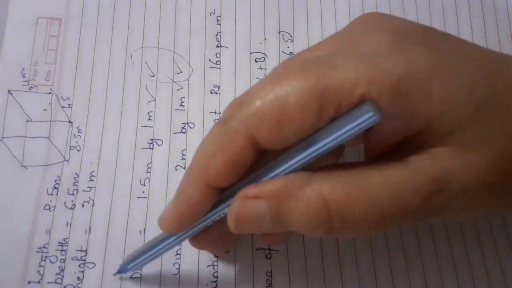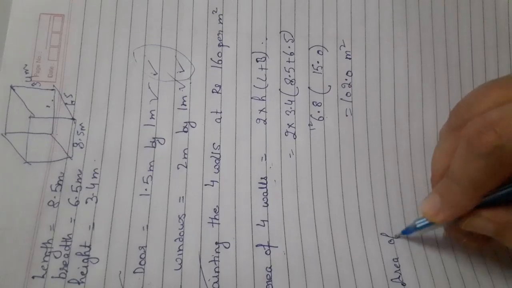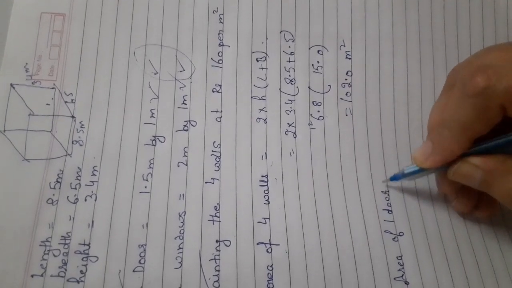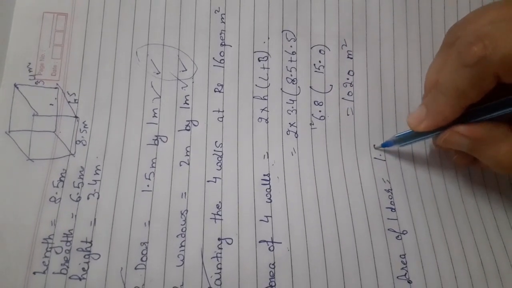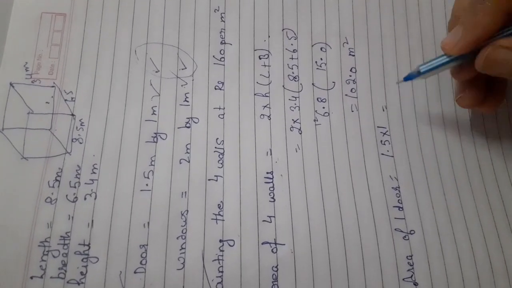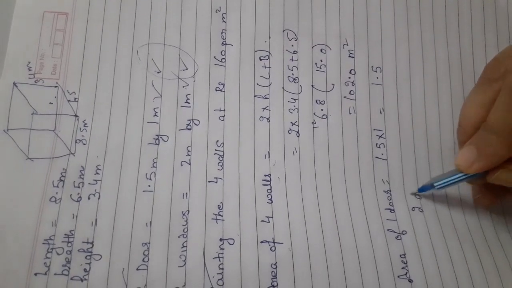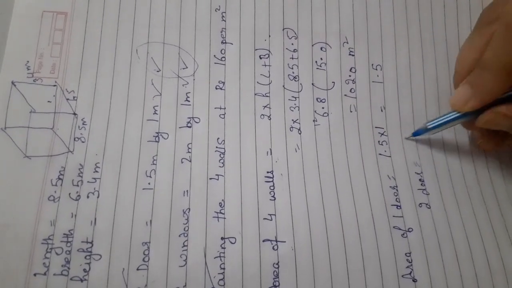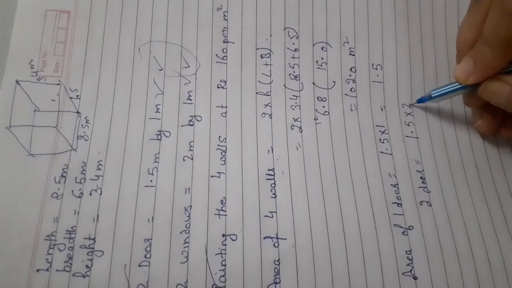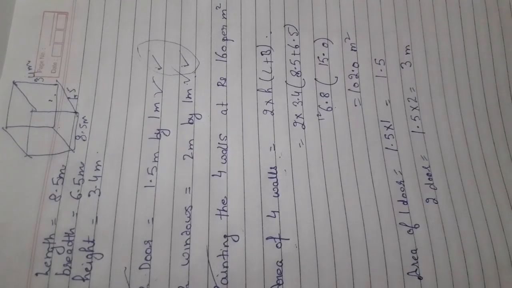Now I have to subtract from this the area of the 2 doors. What will be the area of one door? Area of one door will be length into breadth, which is 1.5 into 1, equal to 1.5. Because 2 doors are there, 1.5 multiplied by 2 gives 3 meters square.